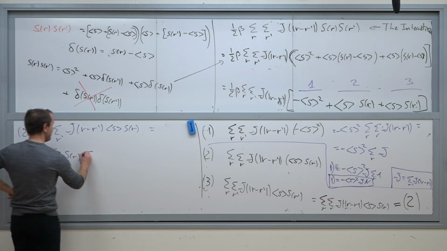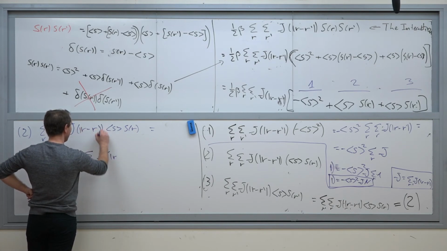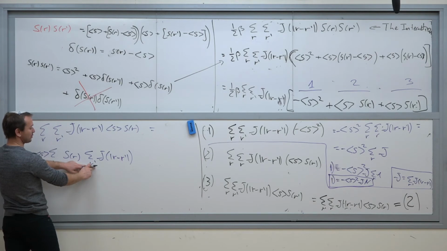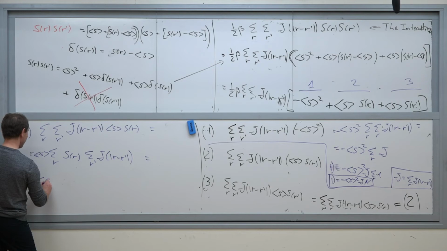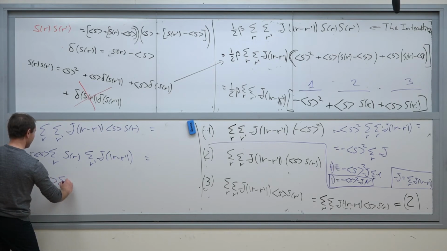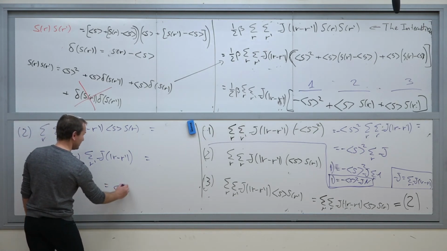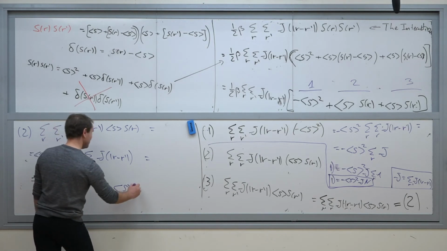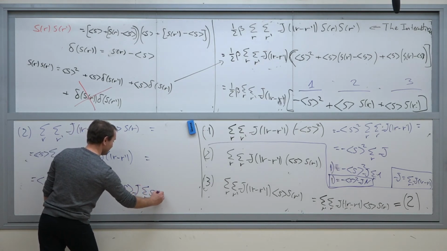And here I have a sum of r prime, j over r minus r prime. But I know what the sum of r prime, j r minus r prime is. It's simply j. So I have here s, sum of r, s of r, multiplied by j. And that's simply s multiplied by j, the sum of r, s of r.